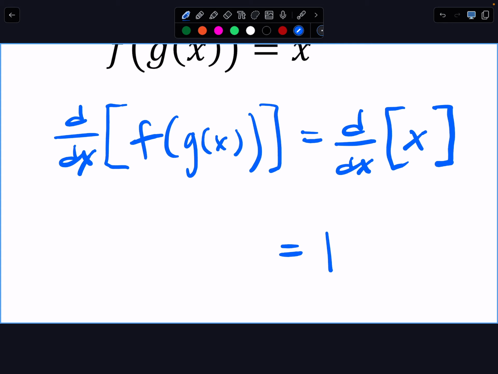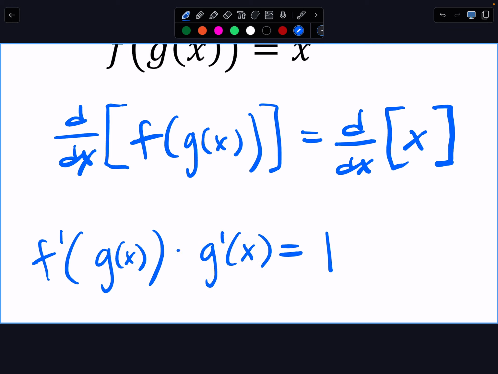And then on the left-hand side, to find the derivative of f composed with g, we would need to use the chain rule. So the derivative of the outside, leave the inside alone, times the derivative of the inside.